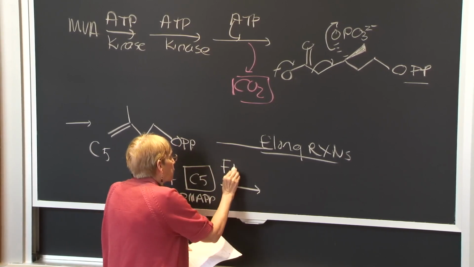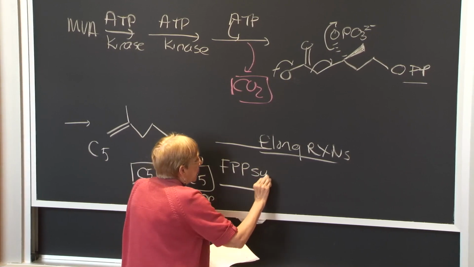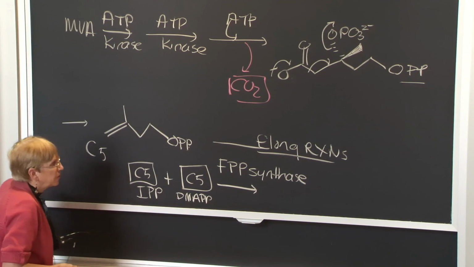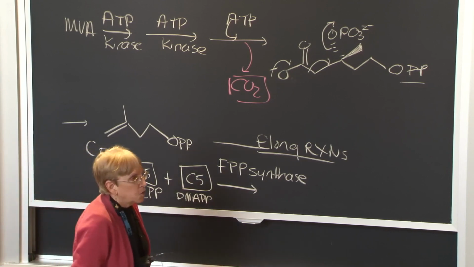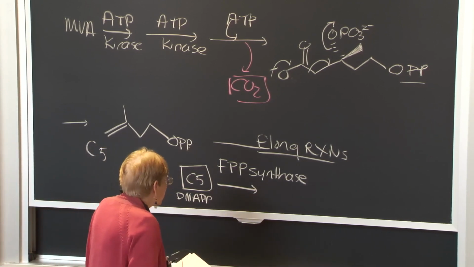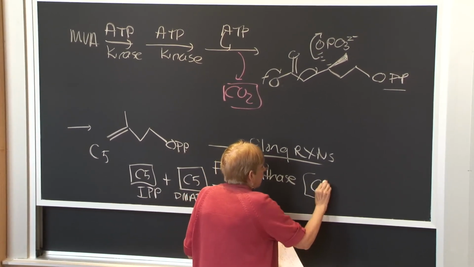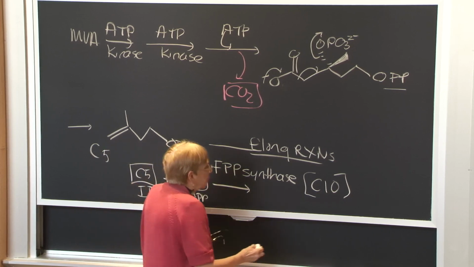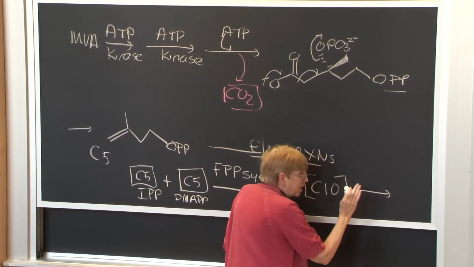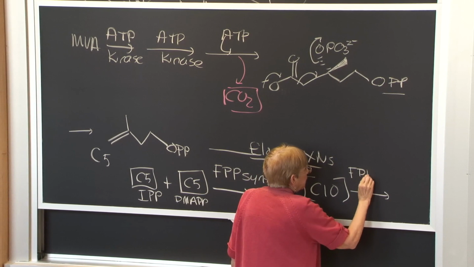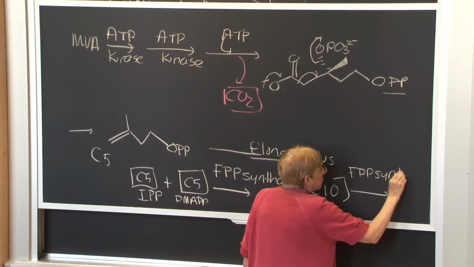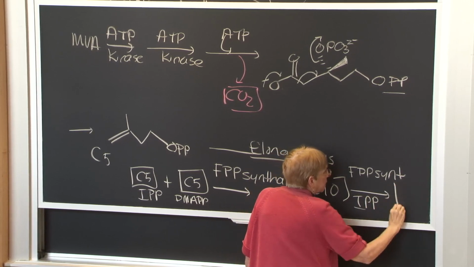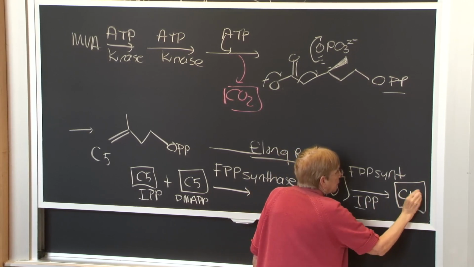And the enzyme that's going to do this is called FPP synthase, farnesyl pyrophosphate synthase. I'll write that down in a minute. And you form C10. Okay, and C10, then this is the same enzyme, so it's also FPP synthase. FPP is the product, farnesyl pyrophosphate, and IPP gives us C15.